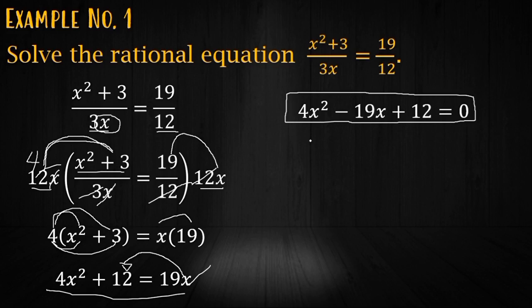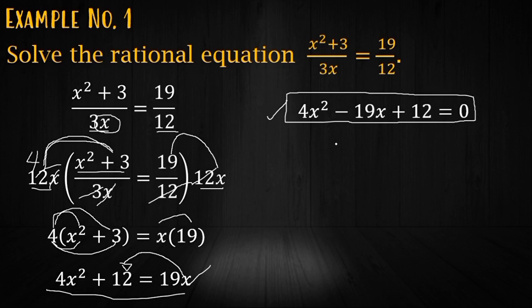If you do not know how to factor, you can always use the quadratic formula, okay? But in this case, our given can be factored out. It is factorable, so I'm going to factor it. But like what I've said, if you do not know how to use factoring, you can always go back to using the quadratic formula.